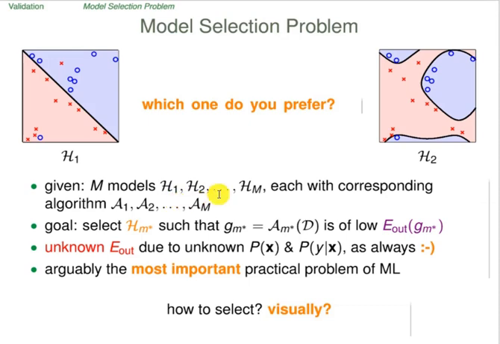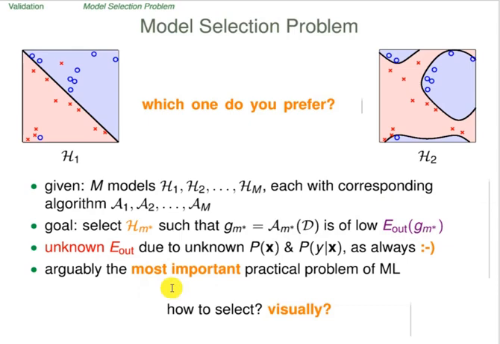The goal of model selection is to select one model out of M, let's call it H_m star, such that g_m star, the selected model, selected by the algorithm based on the data, provides low out-of-sample error.